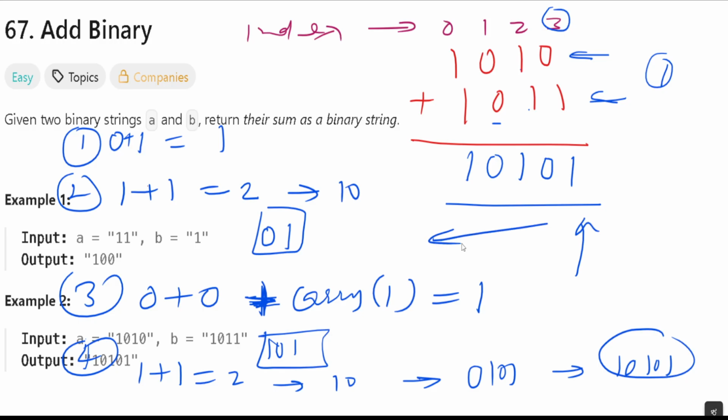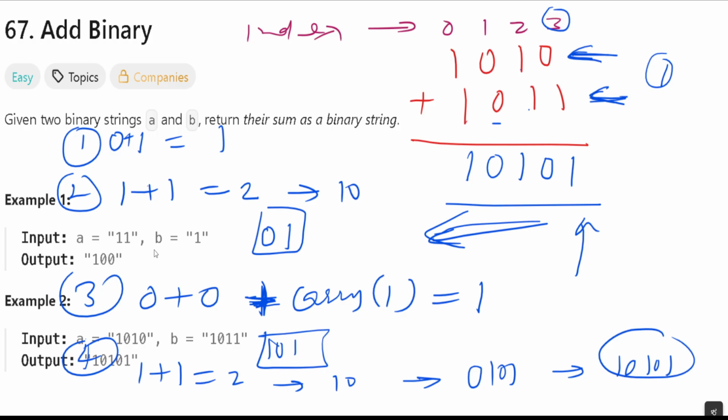We use two pointers, I for A and J for B, and keep moving each step to the left. The intuition is that this is a simulation problem where we do manual binary addition, as we have seen in these 4 steps.